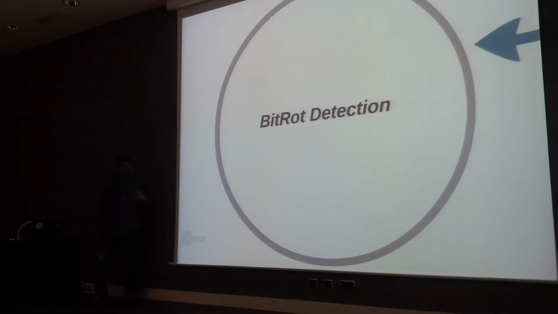So how is bitrot detection achieved? Whenever data is written to the disk, we sign the objects, saying this is the signature of this particular object. We could have done it synchronously during IO, but that would affect performance very much.